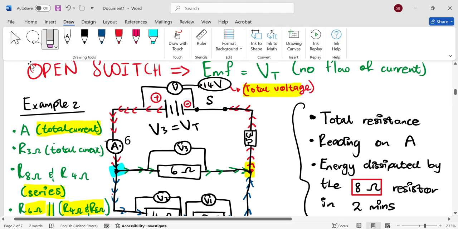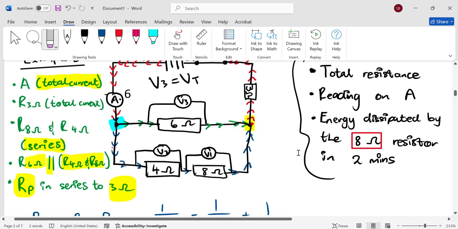But remember, the total voltage would be the sum of the voltage across the parallel division plus the voltage across the 3 ohm resistor. So how about I get the voltage across the parallel division because we have the resistance.